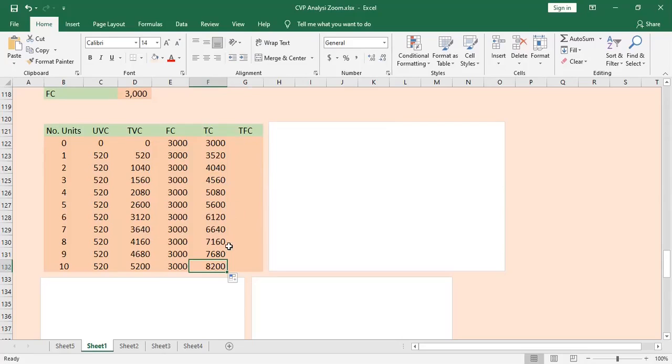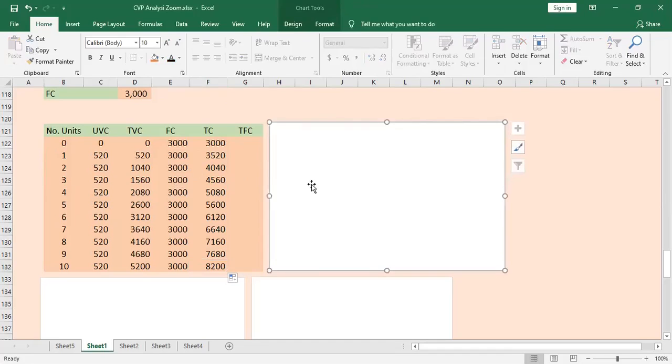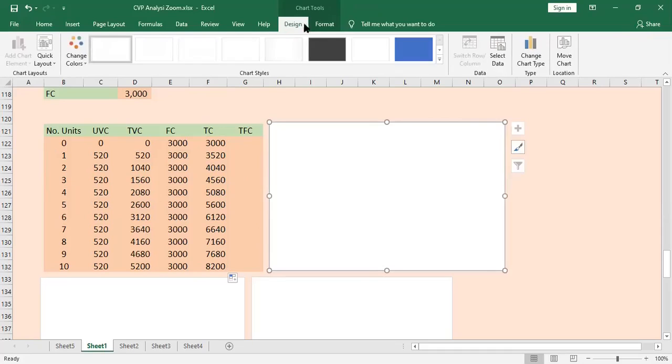Let me put these values into a graph so that we can observe the behavior of this cost item. When we change the activity range, the volume, we can observe what is going on with the cost behavior. So let me put these values into this chart.